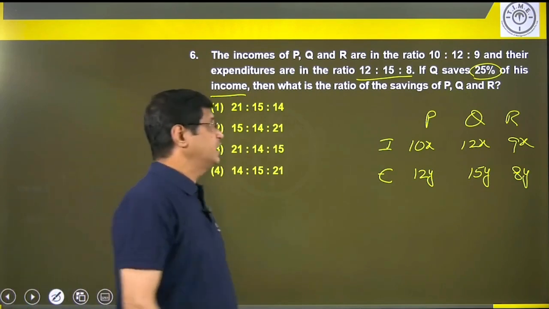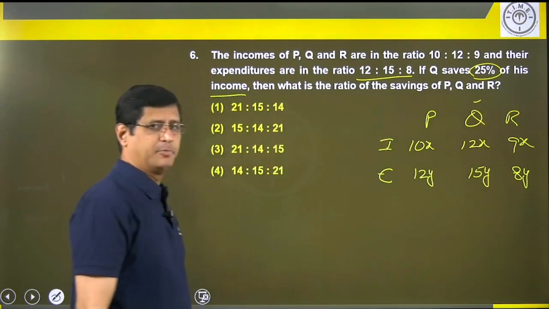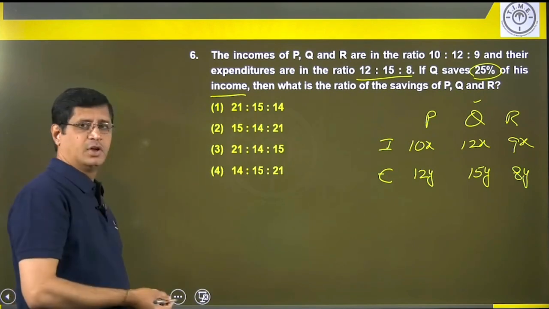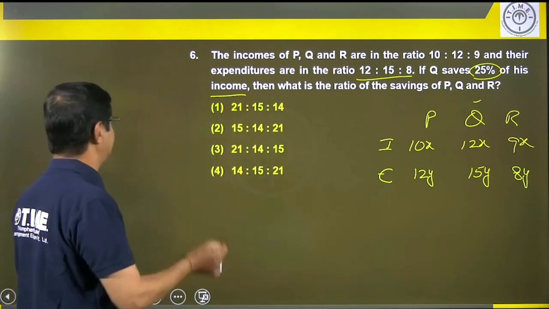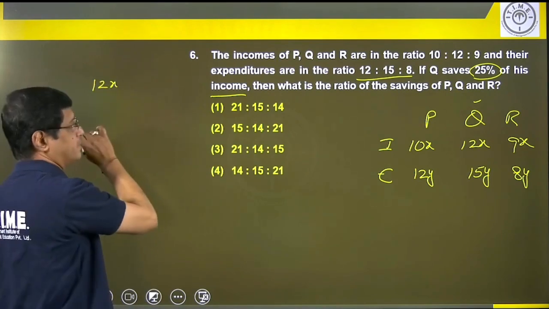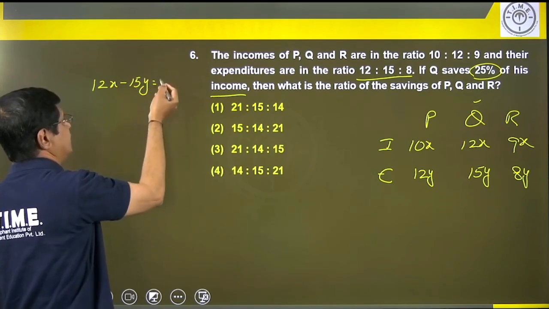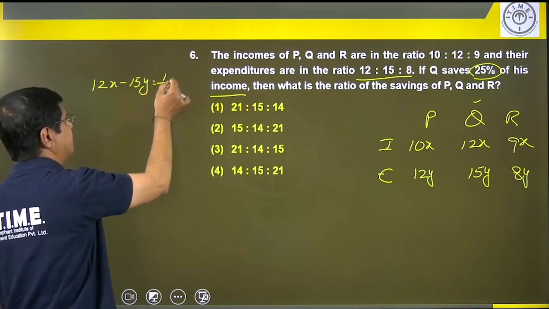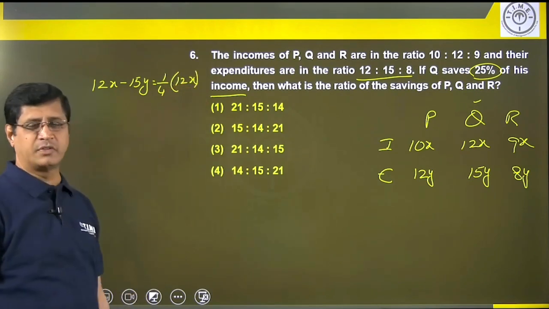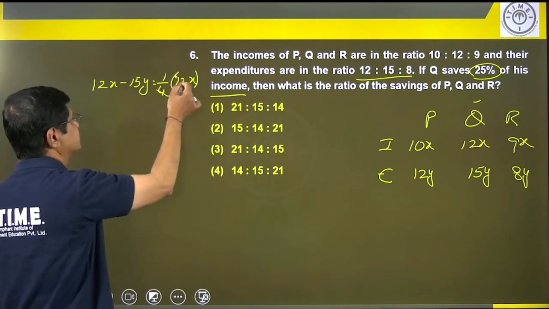Now what is given here? Q's savings is given. What is Q's savings? 25%. What do you mean by 25%? 1/4. 1/4 of the income is the savings. So Q, income 12x, expenditure is 15y. The difference of these two is equal to savings, which is 25% of the income. 25% means 1/4 of the value. 1/4 of 12x, that is 3x.